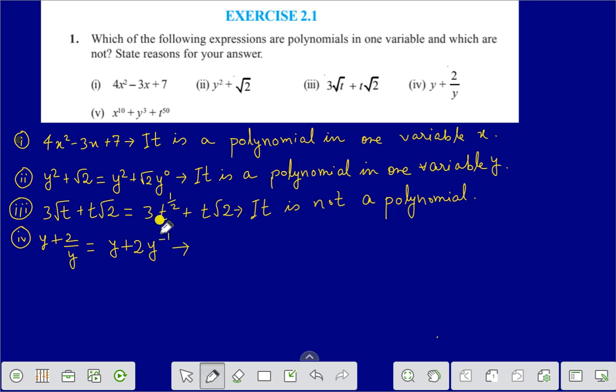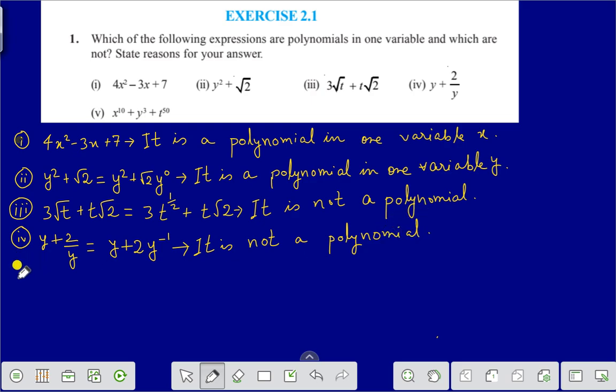Then we can say that it is not a polynomial.